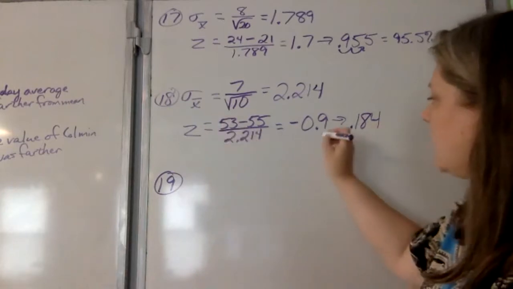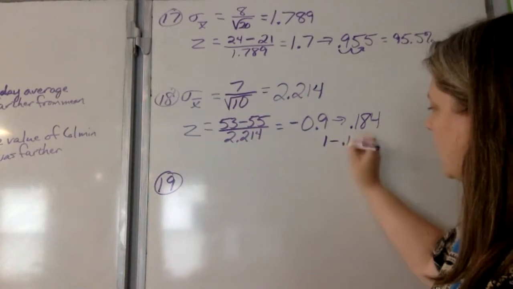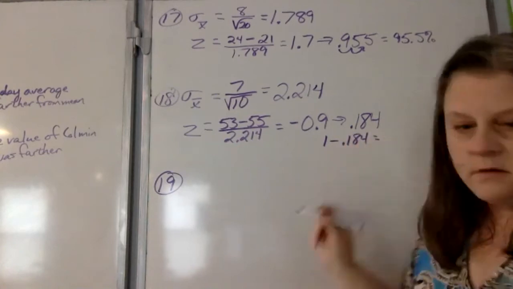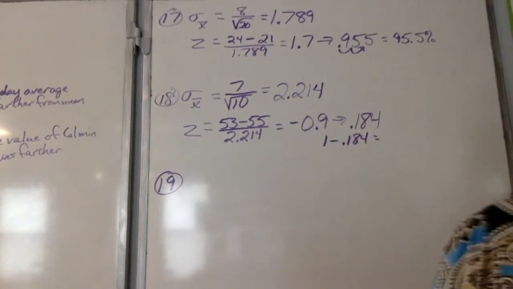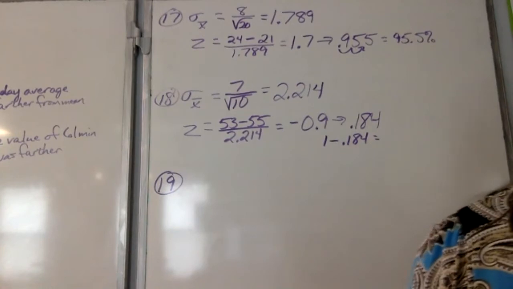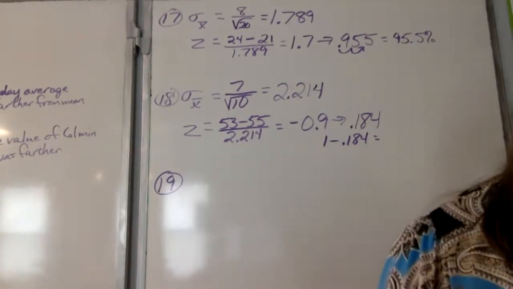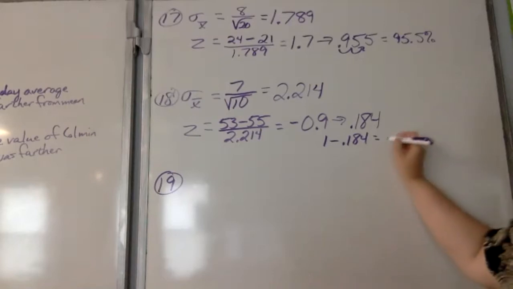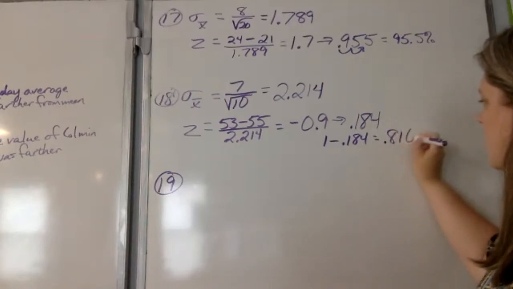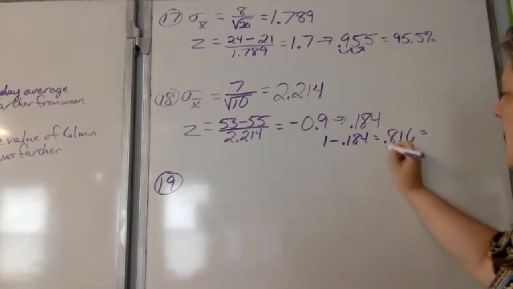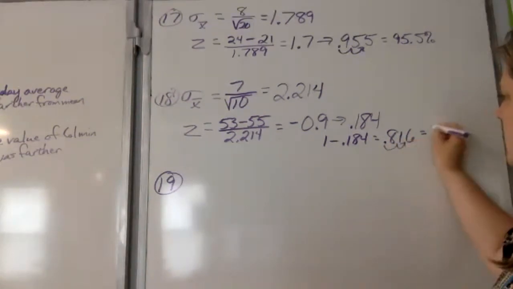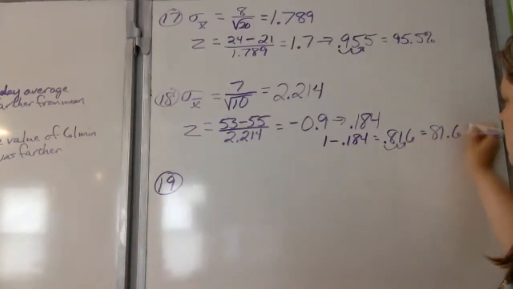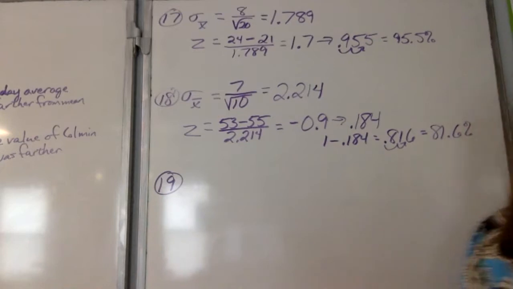So I have to take 1 minus the 0.184. Point 816. And then I go 2 places, so it's 81.6% that the boy's going to be 53 inches or taller. Okay.